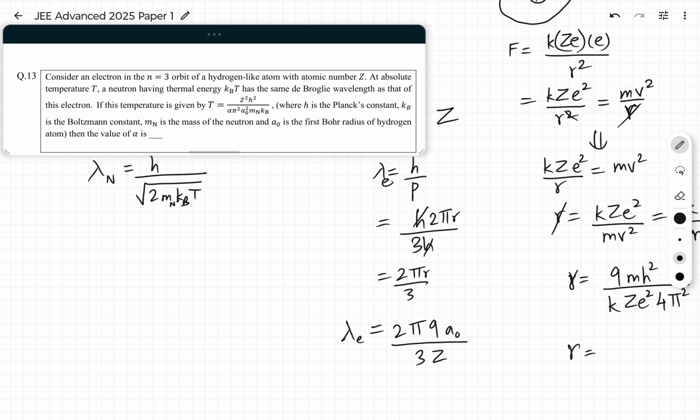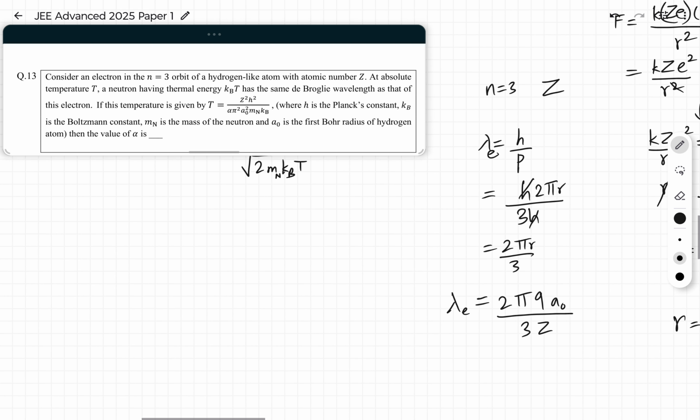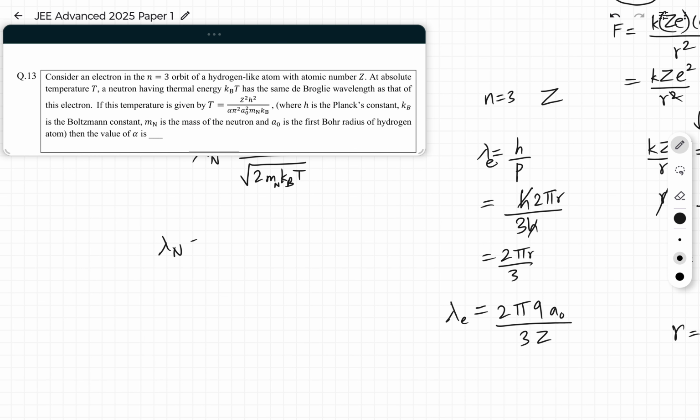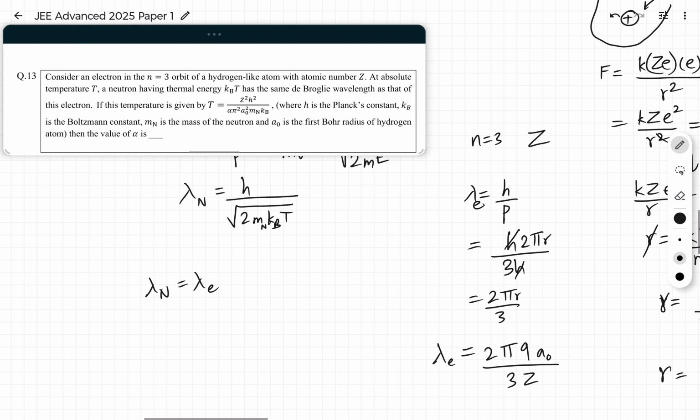Now it is given that these two are equal, which means h by root 2 mn kBT equals 2 pi times 9 a naught by 3Z.